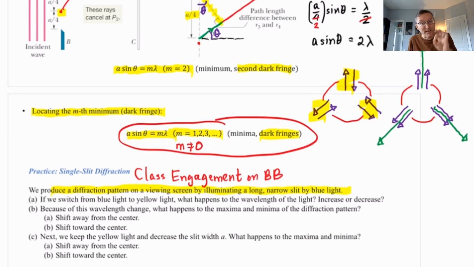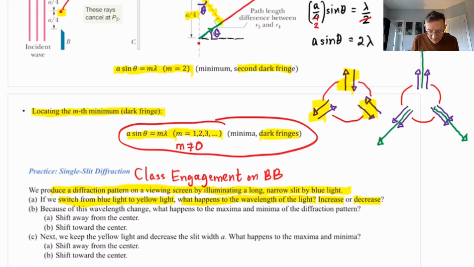That means light of a particular wavelength. That's what we start with. But now we're going to switch from blue light to yellow light of a different particular wavelength. So my first question is, what's happened to the wavelength of the light when you switch from blue to yellow? Does the wavelength get bigger or does the wavelength get smaller? That's the first question.